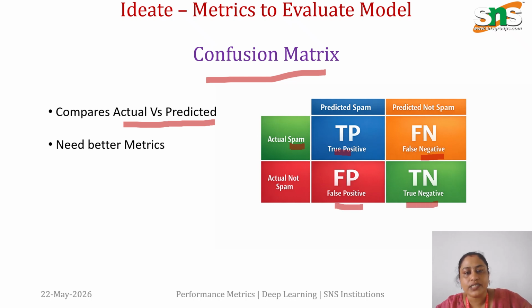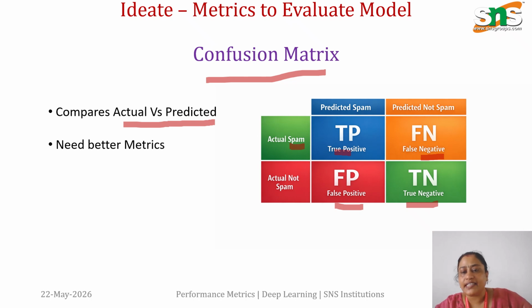What is true positive? The email is actually spam and the model has also predicted it as spam. This case is called true positive. What is true negative? The email is actually not spam and the prediction of the model is also not spam. That case is true negative.